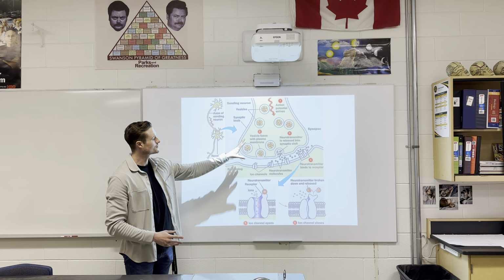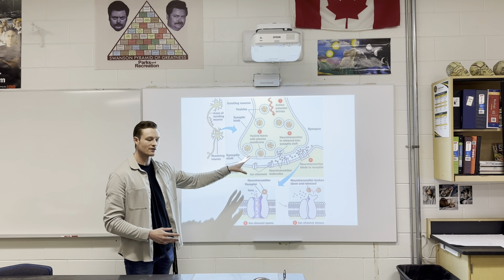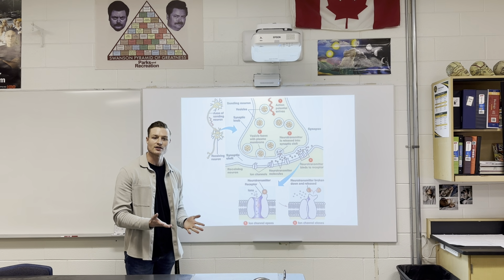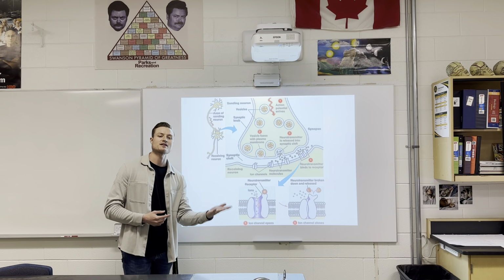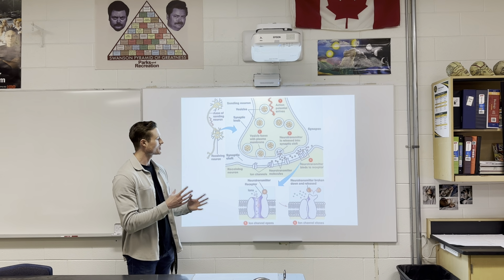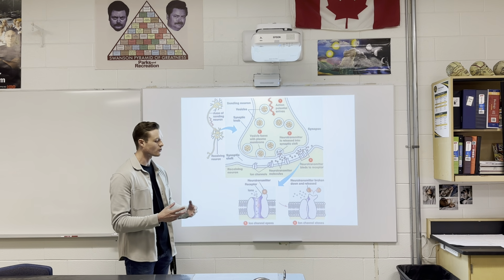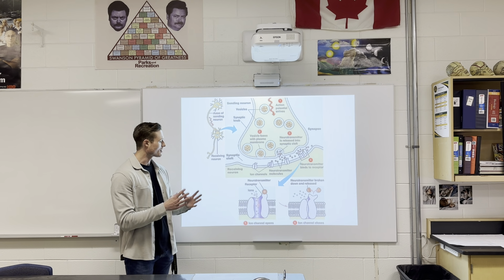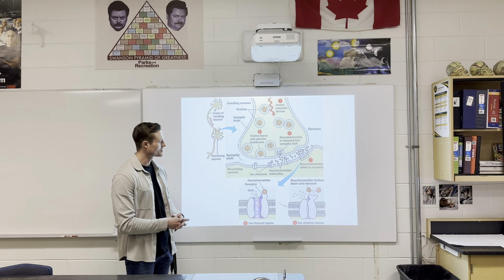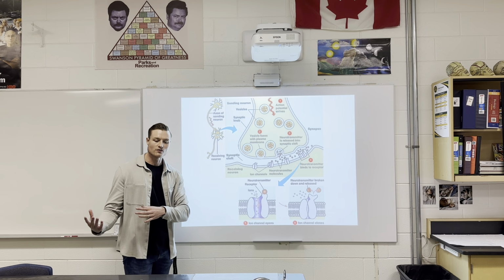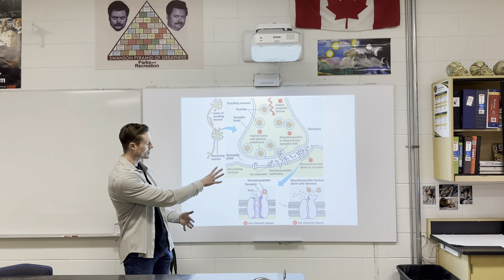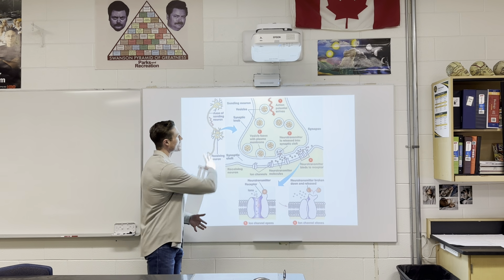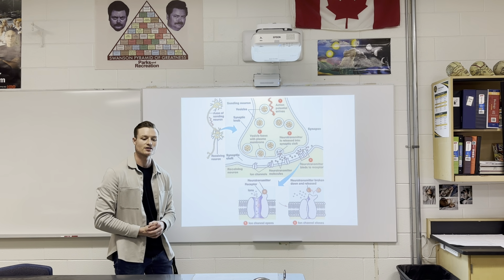As the chemical diffuses across the synaptic cleft, it will bind to ion channels, and it will either open a sodium ion channel or a potassium ion channel. Depending on what the neurotransmitter is meant for, excitatory or inhibitory, that will explain what channel opens. Then when the synapse is over, the connection is finished, the neurotransmitter will be broken down by enzymes and then repackaged into the presynaptic neuron.